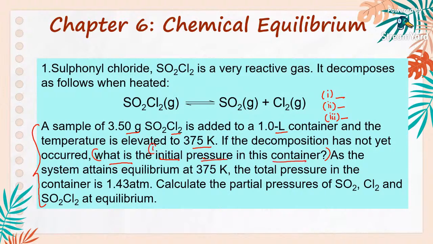That is the first part. And then as the system attains equilibrium at 375 Kelvin, the total pressure in the container is 1.43. Calculate the partial pressures of the gases at equilibrium. This is the second part of the question. So there are two important things that you need to find here.